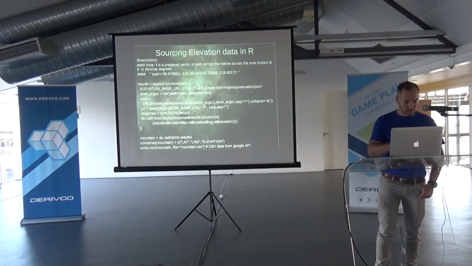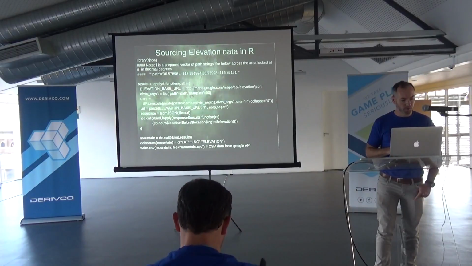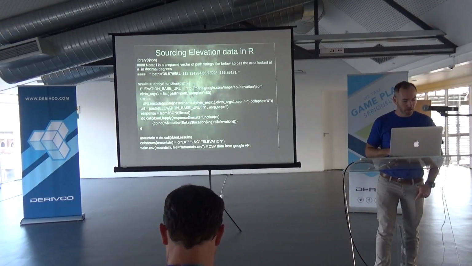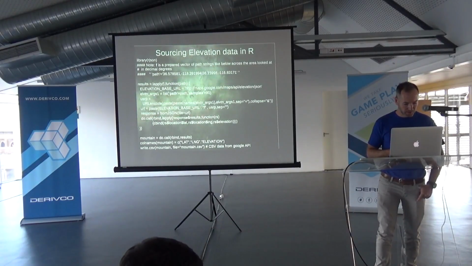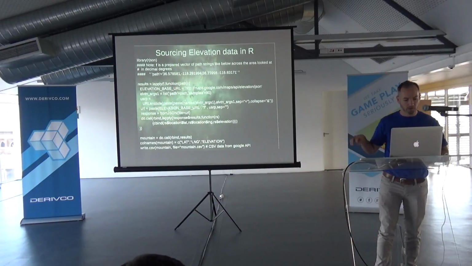So this is the other part of the code that extracts the elevation using the API. I used the RJSON package to query the API. Quite straightforward, like you can see. Returning basically a grid of elevations across the area.